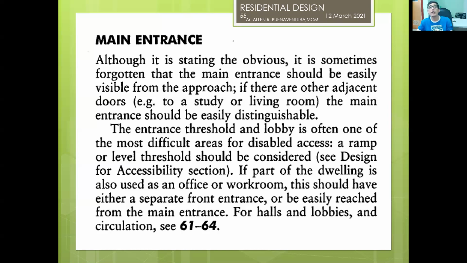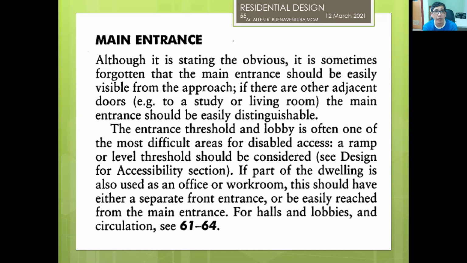If you will be doing multi-story residences that will be open to disabled people, you need to provide ramps at the main entrance, elevators for wheelchairs, and handrails for the disabled who are blind or who cannot walk properly.